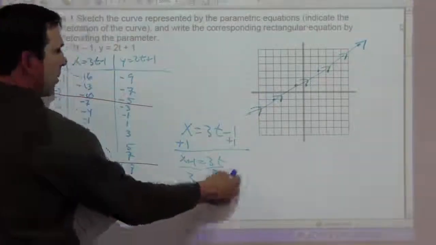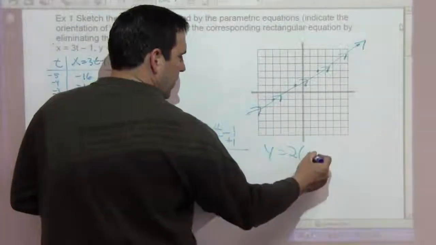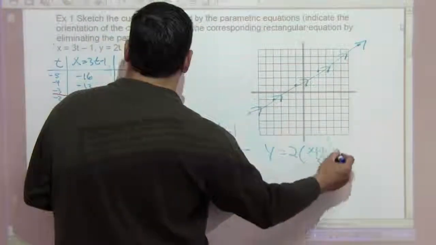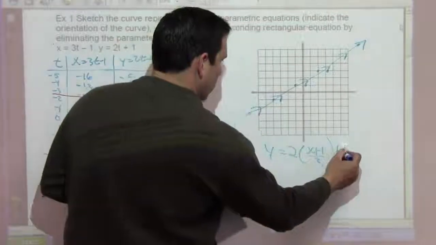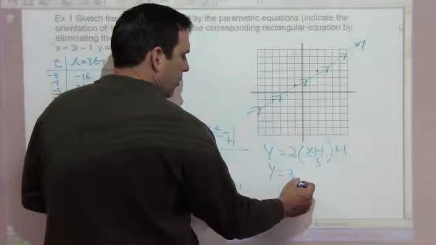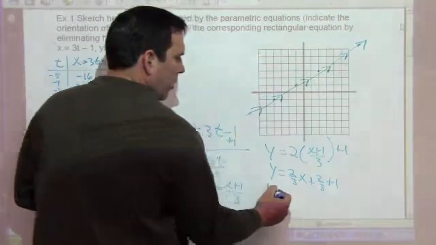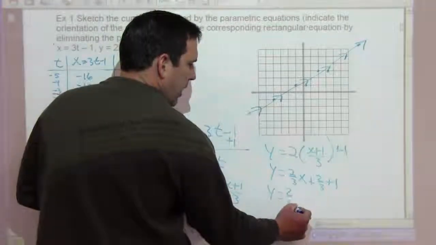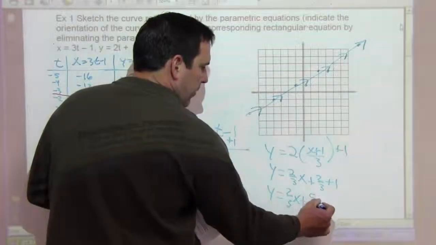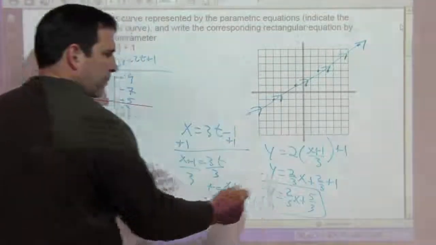And we could take this expression and put it in terms of t there. y equals 2 times x plus 1 over 3, plus 1. So y equals 2/3 x plus 2/3 plus 1, or y equals 2/3 x plus 5/3. And that would be it.